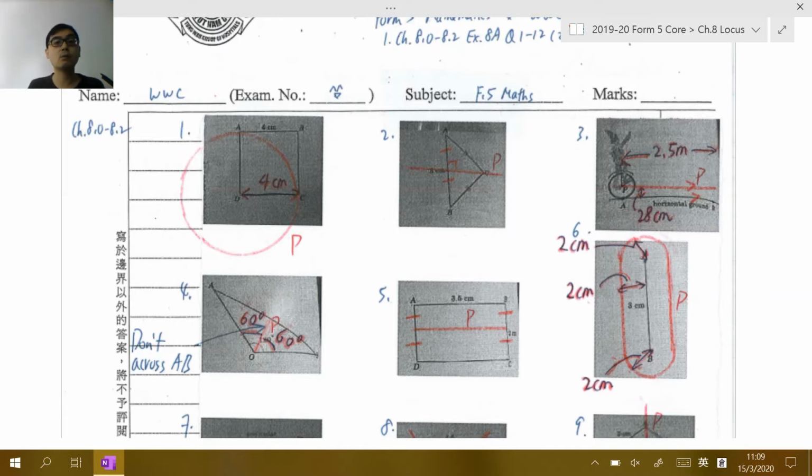For example, you have to describe what the locus is from the equation. Then you just need to recall some familiar names, for example, circle, perpendicular bisector, angle bisector, with some special information, for example, perpendicular bisector of CD, or angle bisector of angle ABC, something like that. So it's very easy, don't worry. You will not be asked such difficult or long questions in DSE.